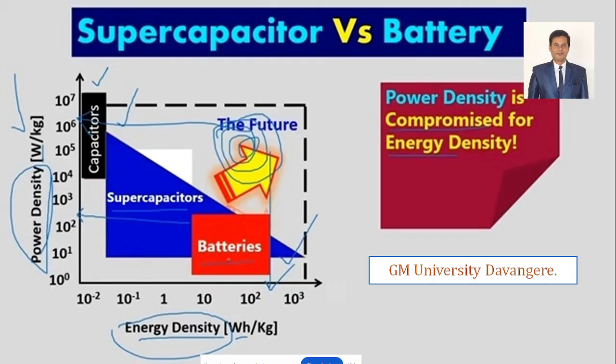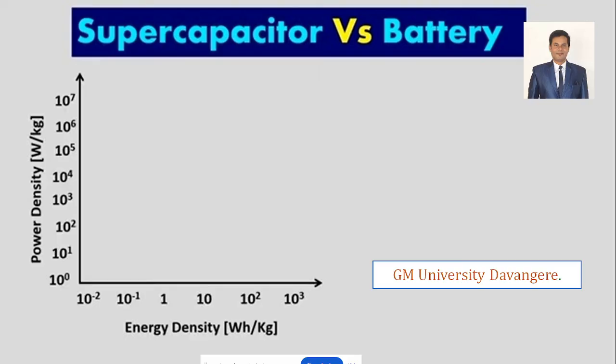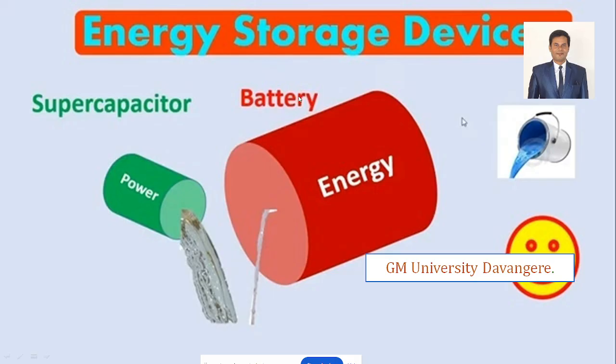You have seen in the last diagrams I showed very clearly, the energy in the batteries is a high volume of mass, a high volume of energy stored. So it will take a long time to discharge the energy. I hope you understood.